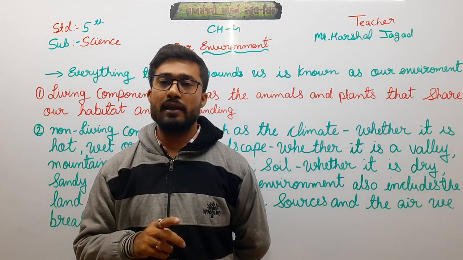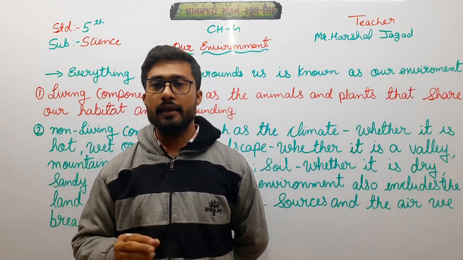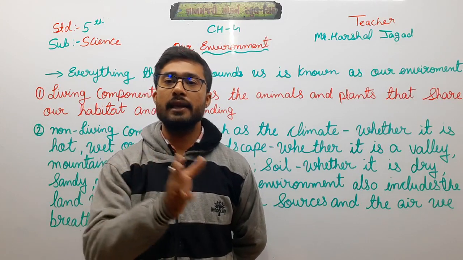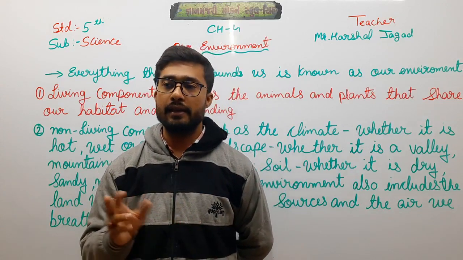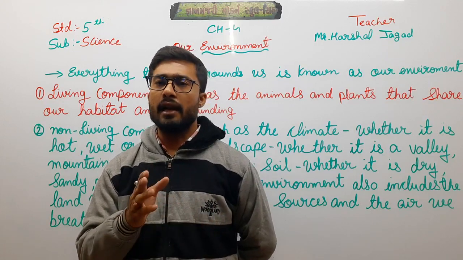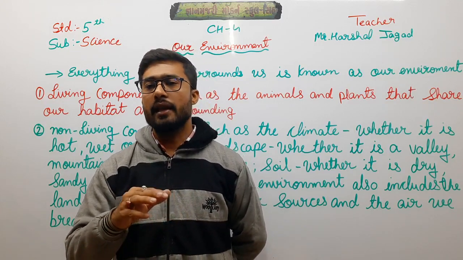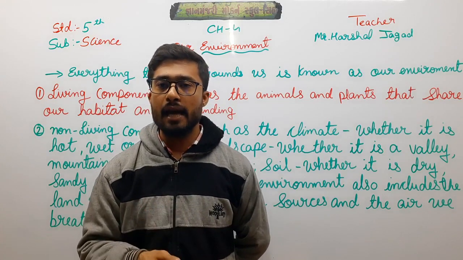Living components means those that can live, that have life in their bodies. And non-living components are those that are not living, like mountains, valleys, different types of weather conditions, landscapes, sand, and air.